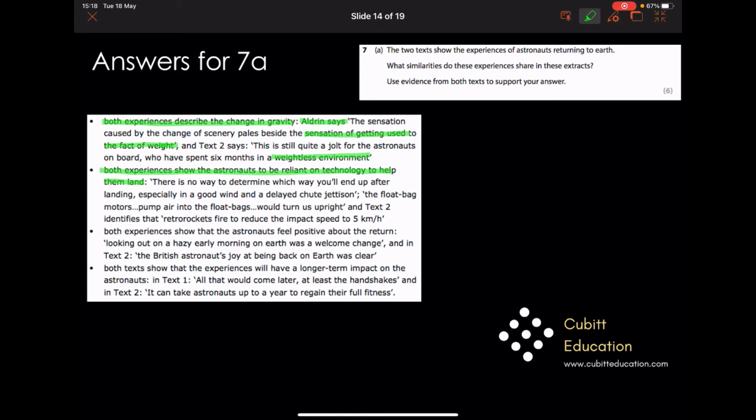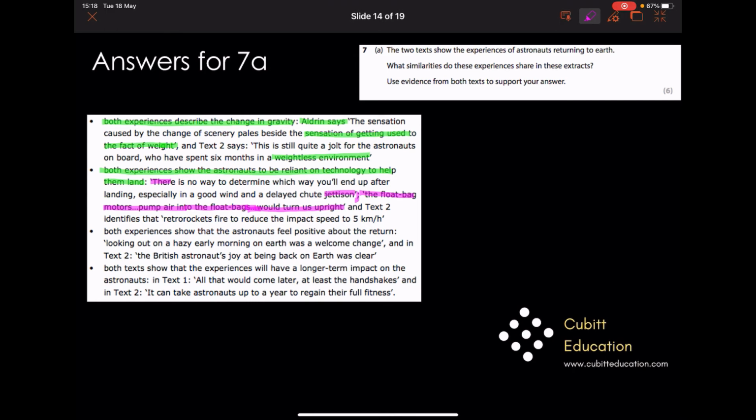They also use another quote, so if I just show you there, they've used a quote here, going all the way to there, semicolon, "the float bag motors", and then they've used an ellipses just there because they didn't want to write the whole sentence. "Pump air into the float bags", another ellipses because again it's probably quite a long sentence and you don't want all of it, "would turn us upright."